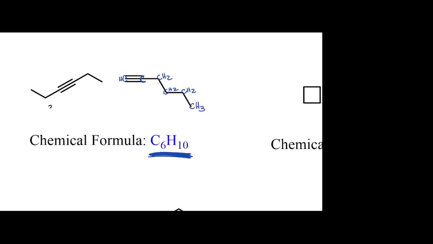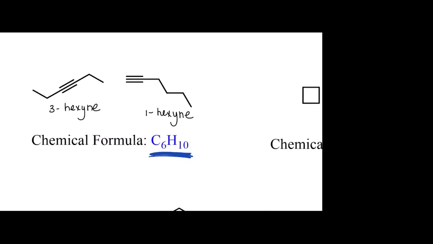Great. This is 3-hexyne. What about the alkyne that we have on the right? What is the name of that one? Excellent. This is 1-hexyne.